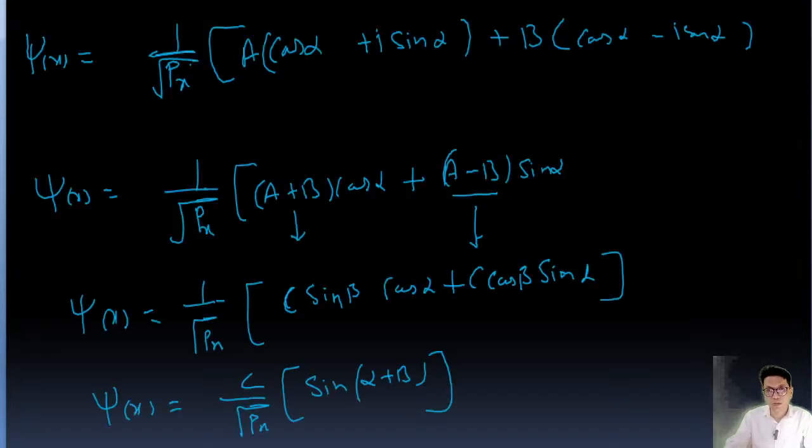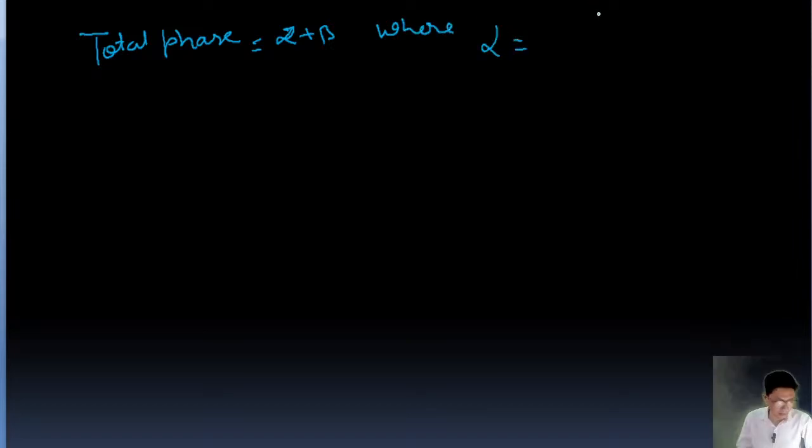So this is the total phase here. Total phase is alpha plus beta, and the value of alpha I have already told, that is 1 upon h cut integration px dx.